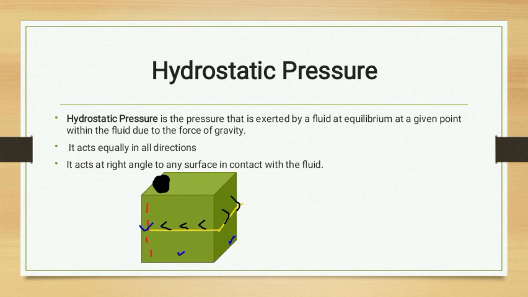So the faces of the cubical tank that are in contact with the fluid are these faces, including the bottom part of this cube. It shows that the pressure acts equally in all directions. With respect to the depth of the fluid, if we consider this level, it means the pressures at this elevation are equal.